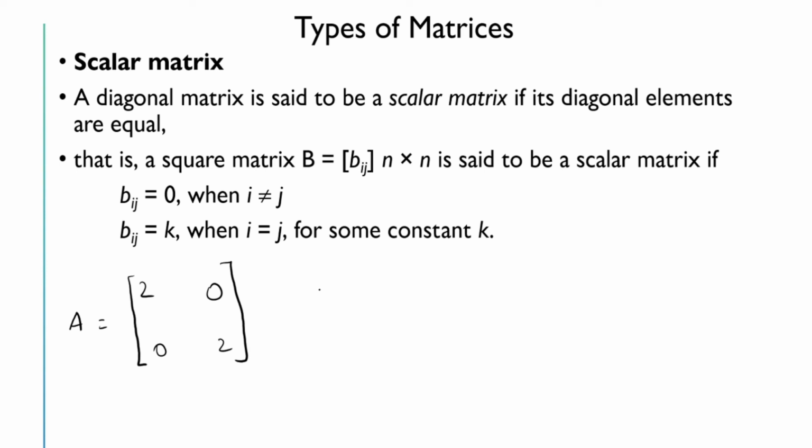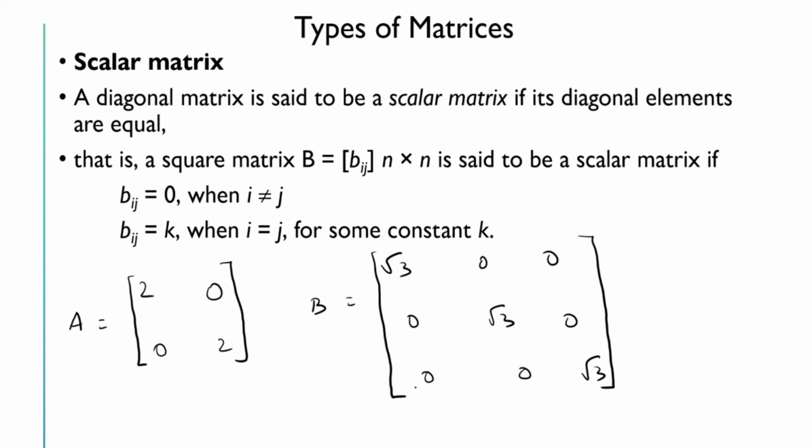So let us see another example. B is equal to root 3 0 0, 0 root 3 0, 0 0 root 3. This is also a scalar matrix. So here also all the diagonal elements are equal and the remaining elements are 0.